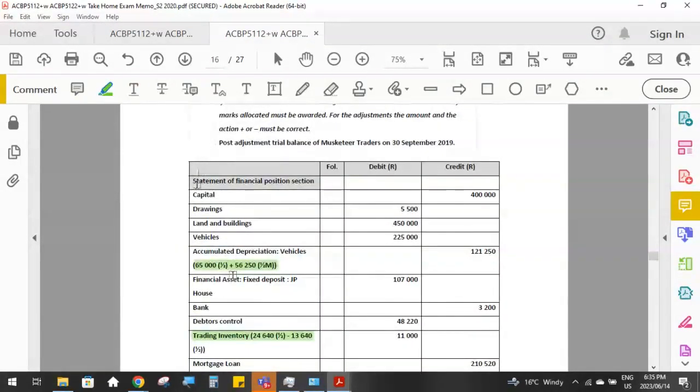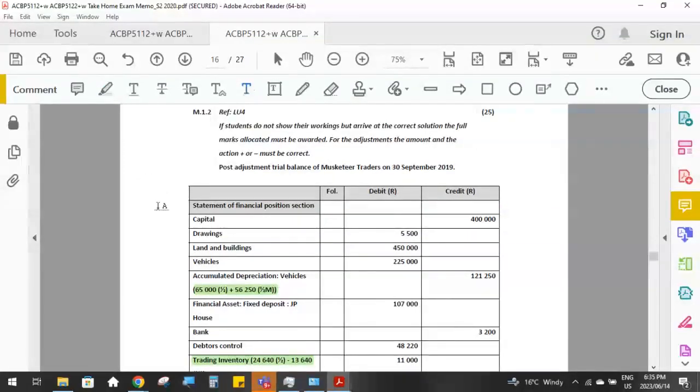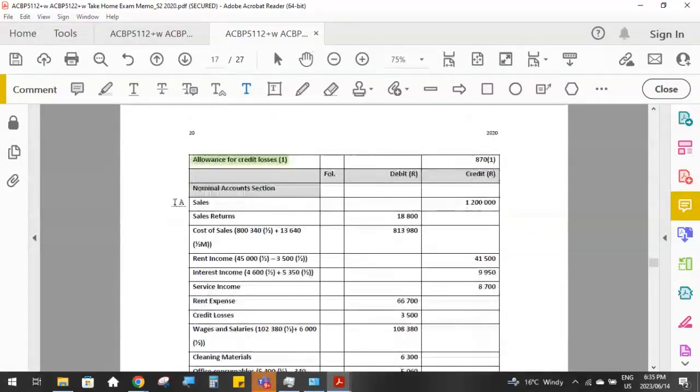So all of this is in what we call the statement of financial position section of the trial balance, which is the balance sheet section. These are all of our balance sheet accounts. And we always put the balance sheet accounts first in our trial balance, followed by the nominal accounts section.